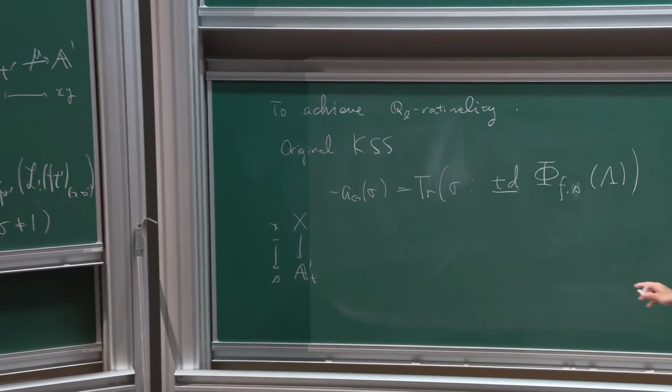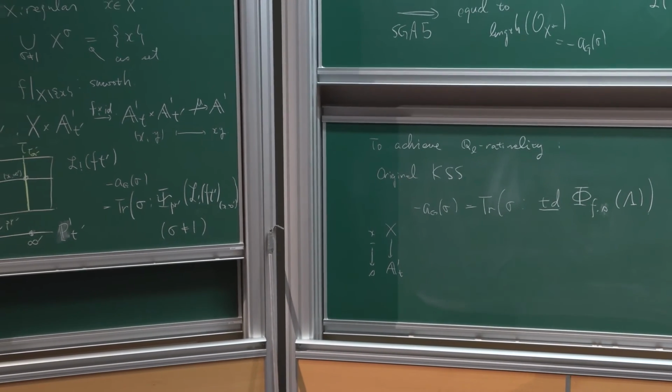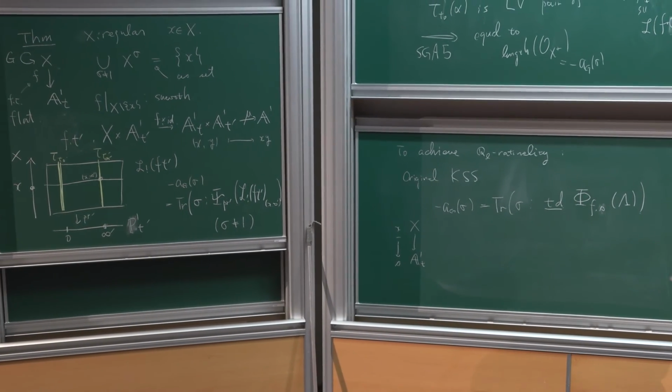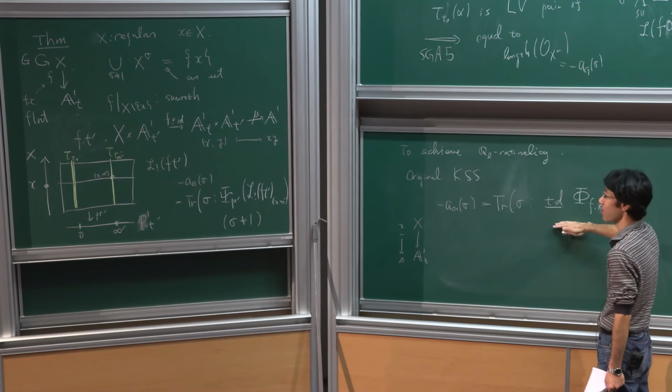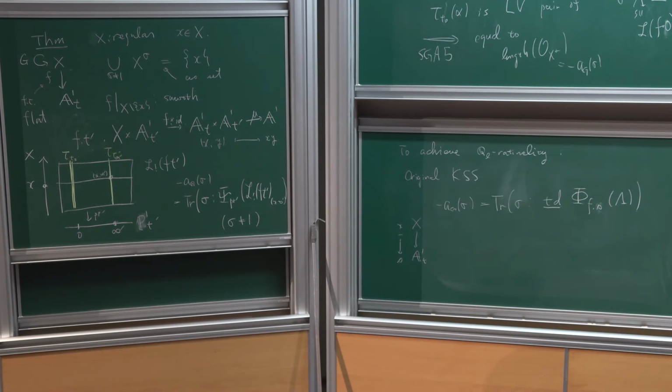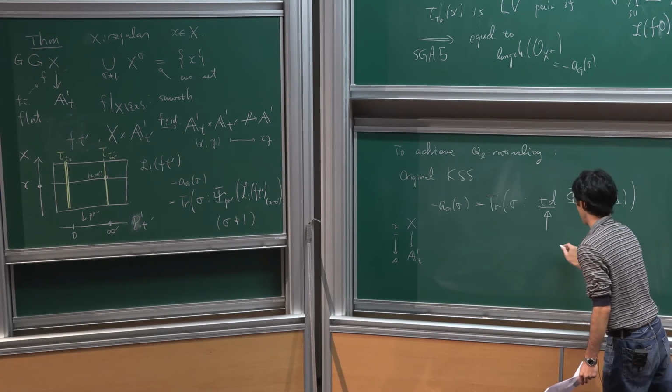But anyway, this S is just the image of this X. The original Kato and Saito conjecture was of this form, and they say that if this is true, then Serre's conjecture is true, including the rationality.